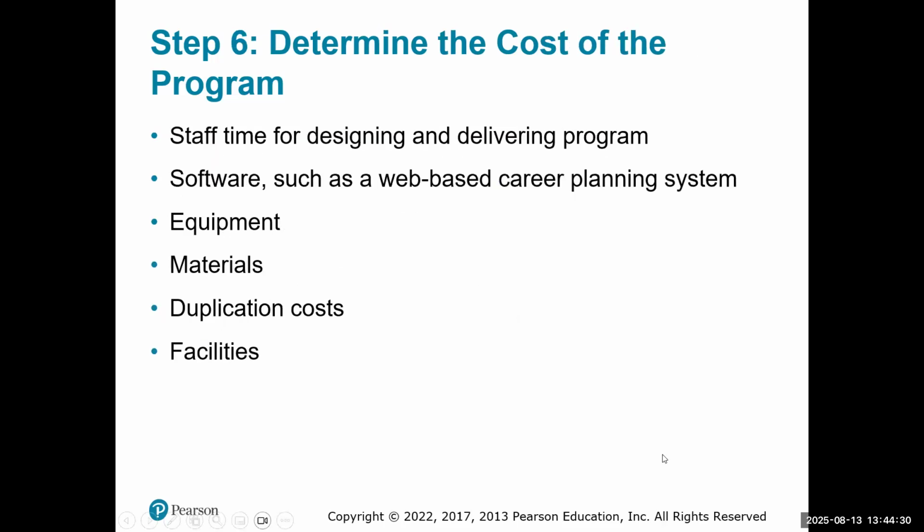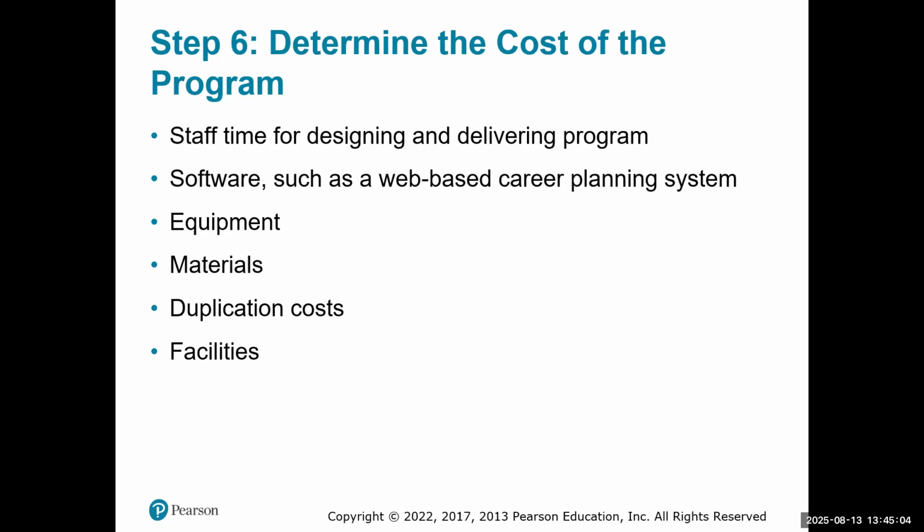Determine who is qualified to deliver the content. You want to staff time in order to design and deliver this program. Think about the equipment and materials you're going to need to use. Do you need certain facilities? For example, if you're going to run a group on financial literacy for seniors in high school who are trying to determine the best post secondary program for them, then you're going to want to think about what types of financial literacy materials are you going to be using.